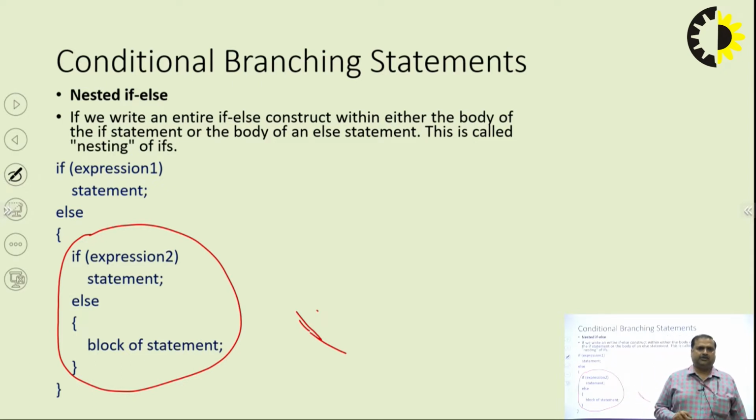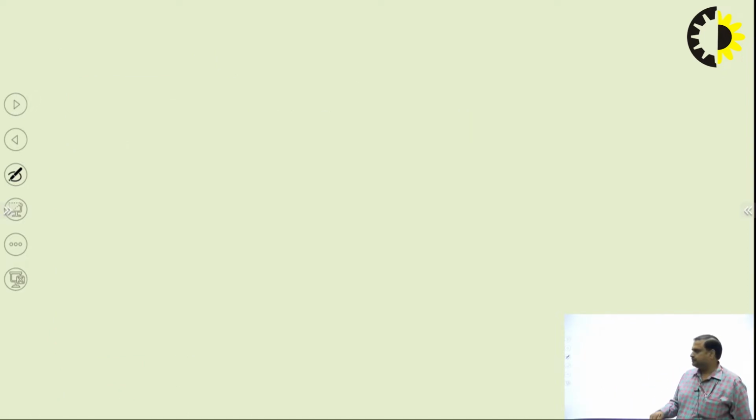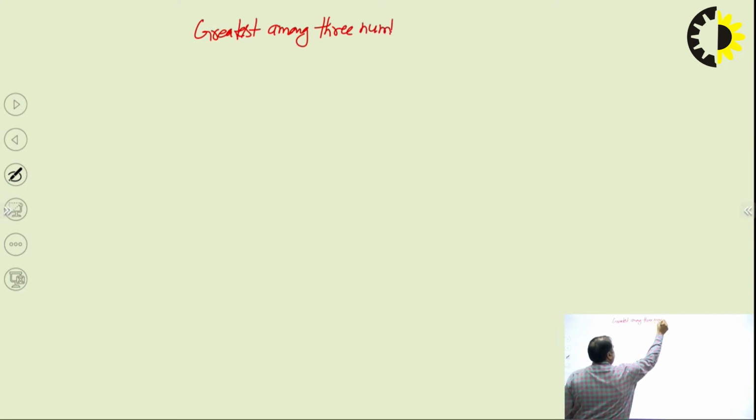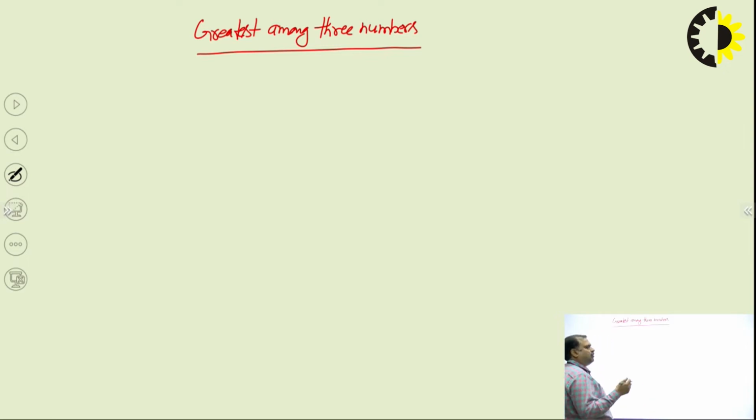So, let us try to understand this by using one example. Okay, so take one problem, greatest among 3 numbers. If we have 3 integer numbers, then I am just writing the code which requires if else construct. Rest the similar code for programming you are already aware of.